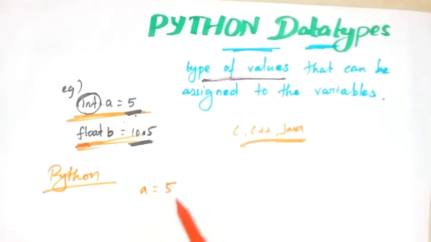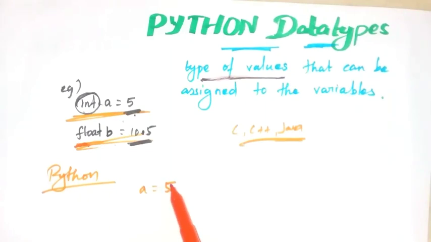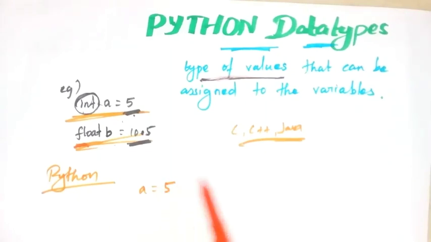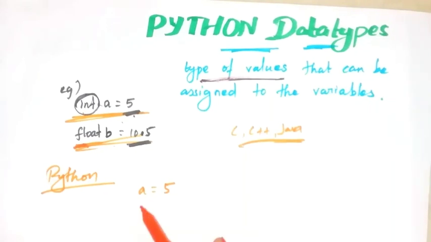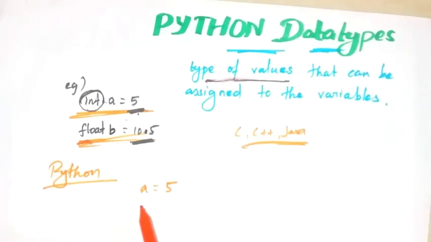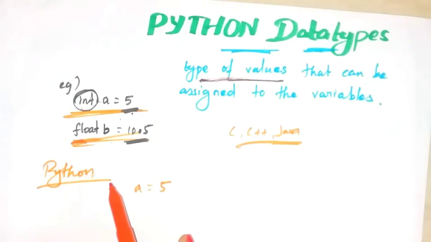This is an integer value, and the interpreter automatically identifies it as an integer. In a Python program, we don't need to declare data types explicitly.